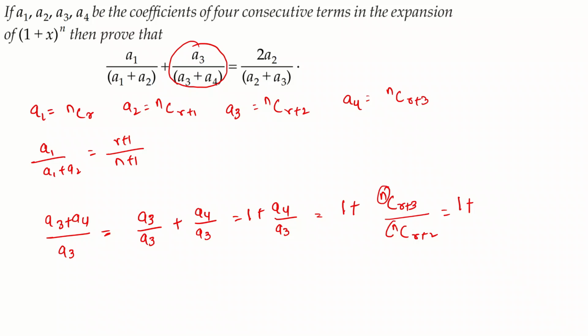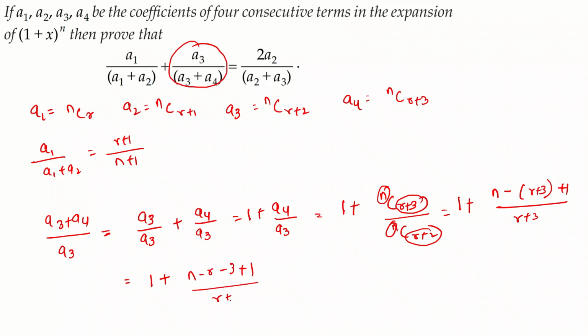Now we can again apply the formula, because it follows the condition. The heads are equal, and this tail is one more than this tail, so its value will be head minus tail, (r plus 3) plus 1, head minus tail plus 1 divided by tail. So its value turns out to be 1 plus (n minus r minus 3 plus 1) divided by (r plus 3), and then we take the LCM.